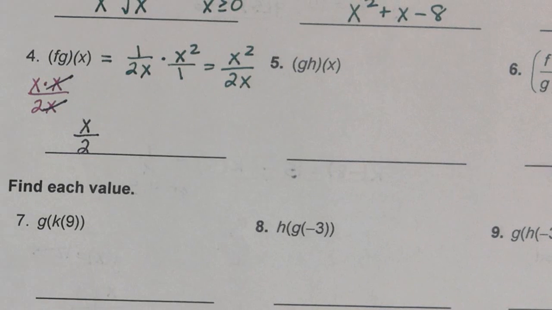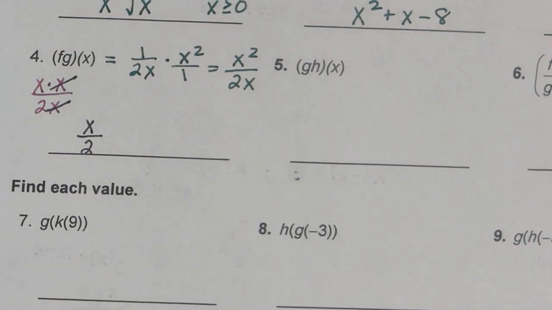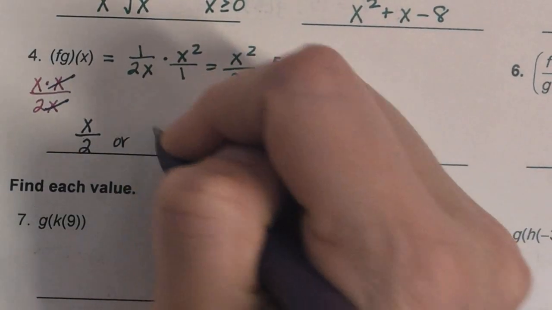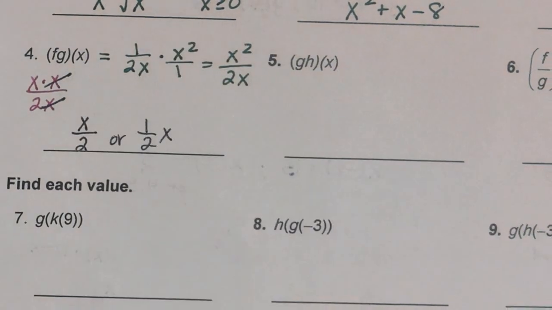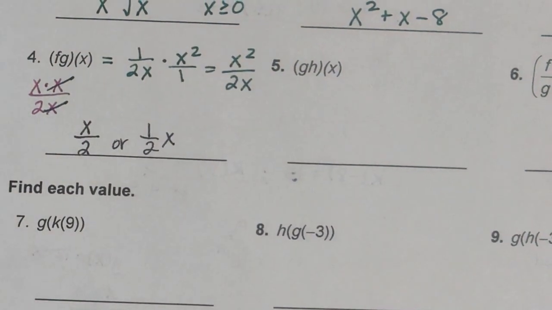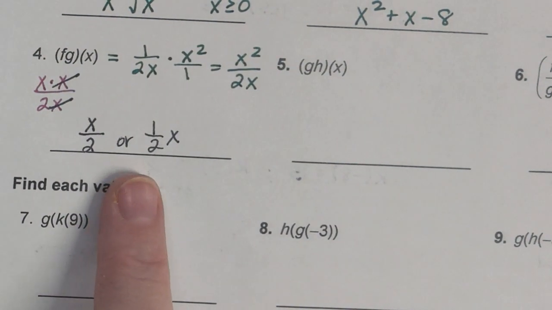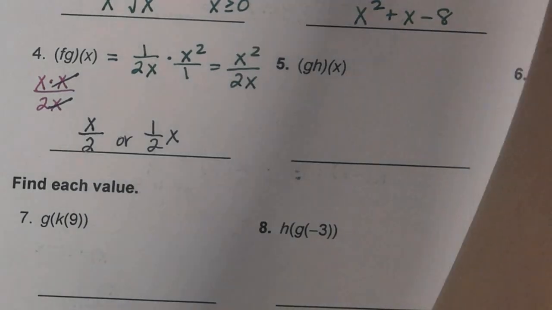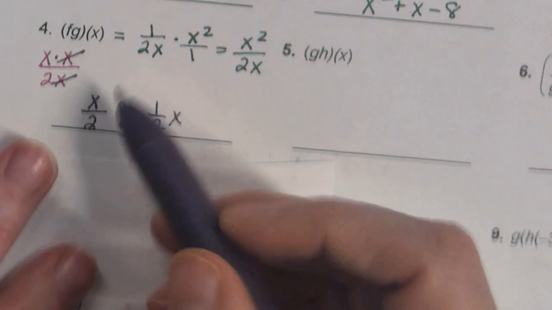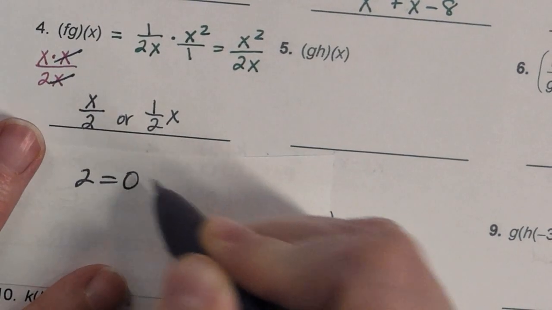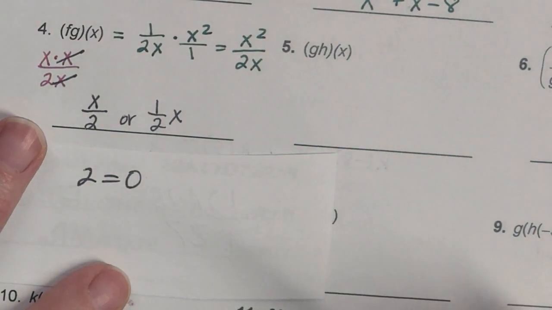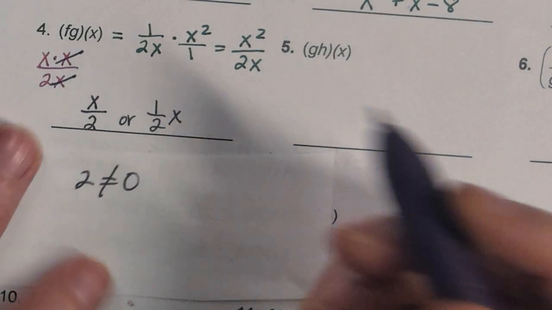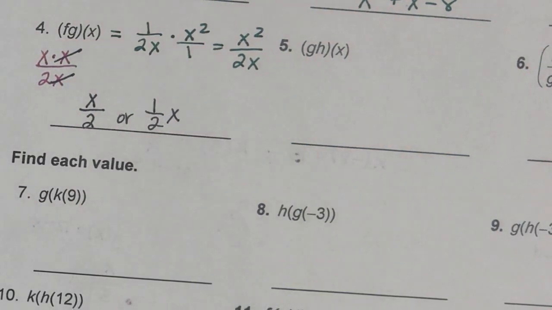You can either keep it as x over 2, or you can have it as 1/2 x. Now, you do have a fraction here, but if you were to set the denominator equal to 0, because the denominator is 2 equals 0, is there anything to solve for there? No, so you don't have to worry about that if there's no variable in the denominator.